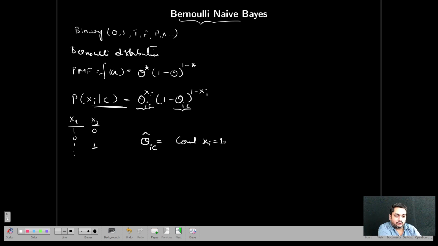You're counting all the ones, because the data contains only 1 or 0. So you count how many ones there are for that particular class, divided by the total count of class C. That is how you estimate this theta.